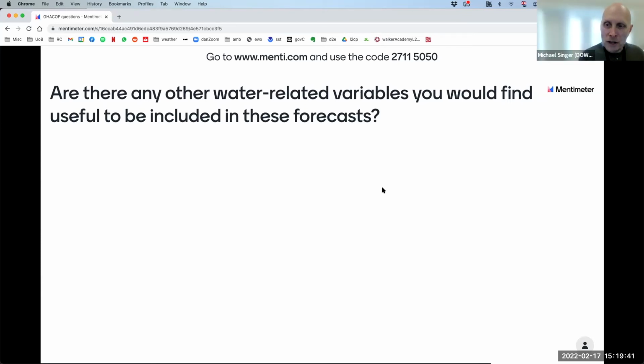One thing to point out here is that the model is a full water balance model, so it can potentially calculate a wide range of variables related to the water balance. That's the way to think about this question, perhaps.